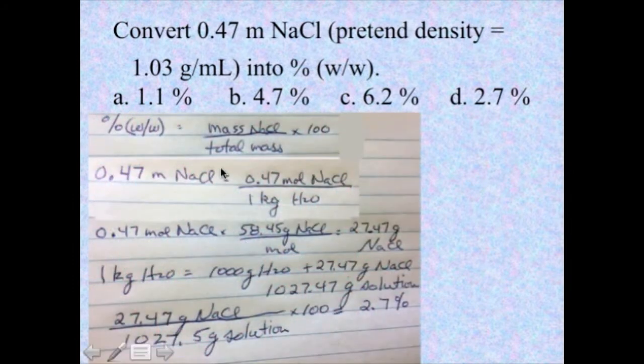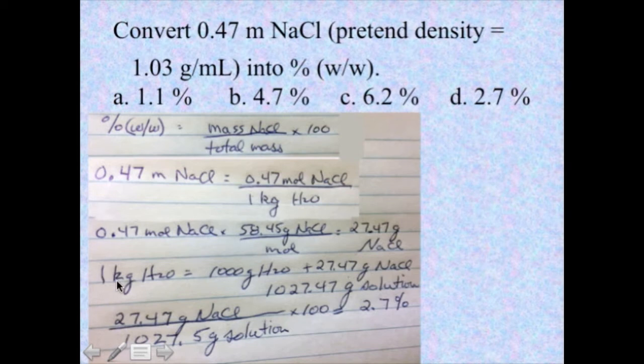Okay, we are trying to find percent, that's our goal, which is the mass of sodium chloride over the total mass times 100. We're starting from molality, 0.47 mol sodium chloride, which is 0.47 moles of NaCl per kilogram or 1,000 grams of water. So first, since we're doing a mass or weight percentage, we convert the moles NaCl into grams NaCl by multiplying by the molar mass.